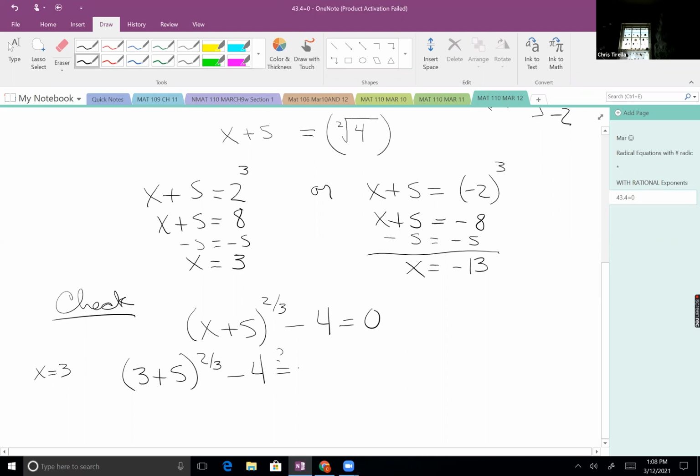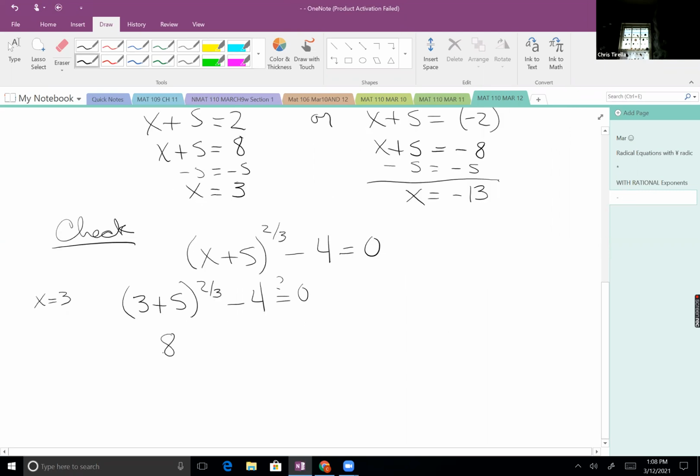We want to know, does that equal 0? Well, that would be 8^(2/3), or the cube root of 8 squared, which would be 2 squared, or 4, minus 4 equals 0, and it checks.